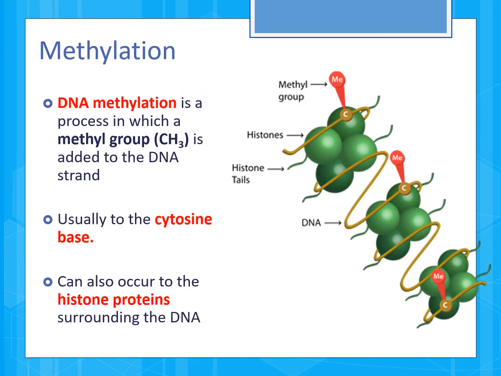Okay, so this is a more zoomed in specific. So DNA methylation, what that means is you have a methyl group that's added to the DNA strand. It's usually added to the cytosine base. So think you've got your DNA strand, you've got your nucleotides, and some of those cytosine bases have a methyl group added to them. Okay, generally it is to the cytosine base, but it can also be to the histone proteins.